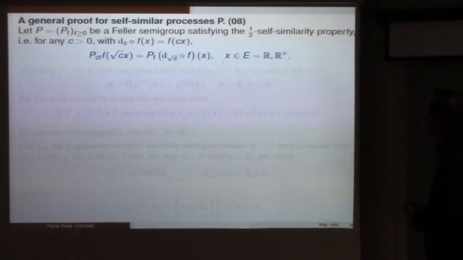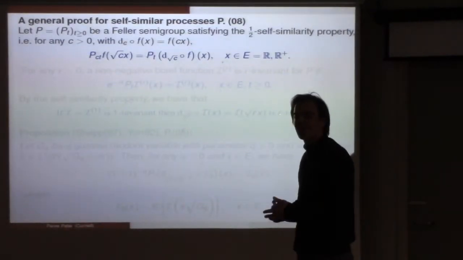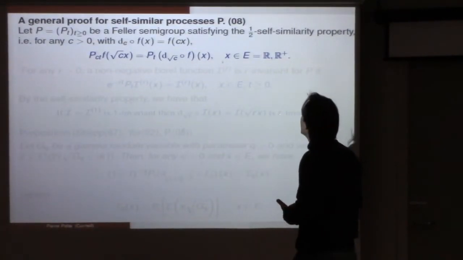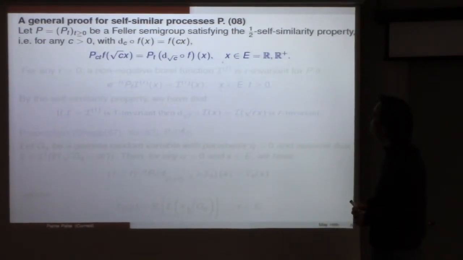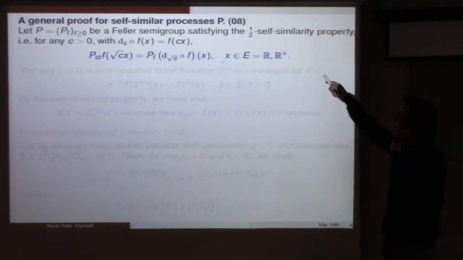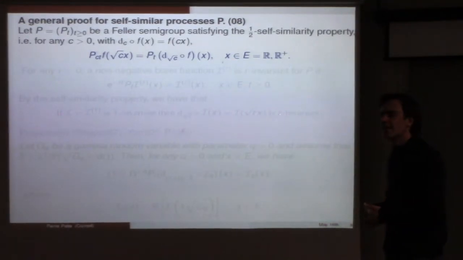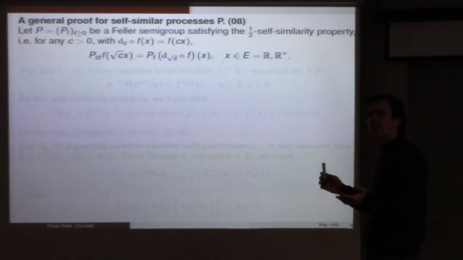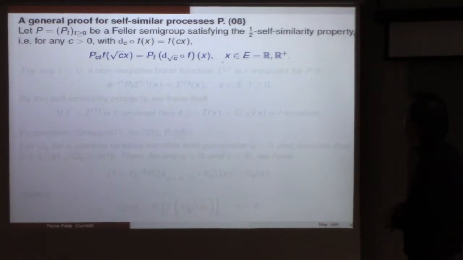So what I'm considering is a Feller semi-group, so the semi-group associated to a Markov process which satisfies the 1/2 self-similarity property. We could choose any index of self-similarity. Everywhere you will see the square root, you have to replace by 1/alpha, and alpha is the index of stability.